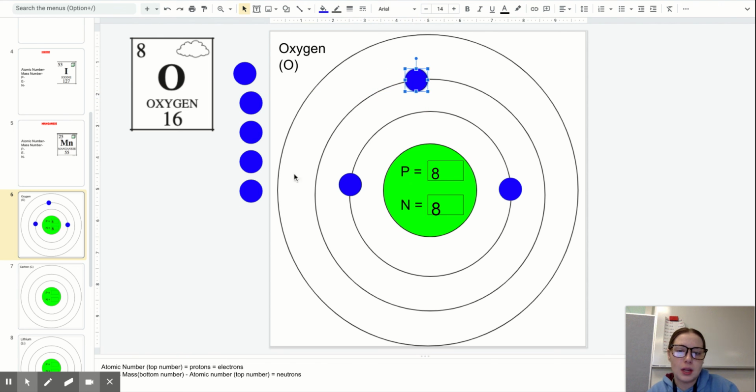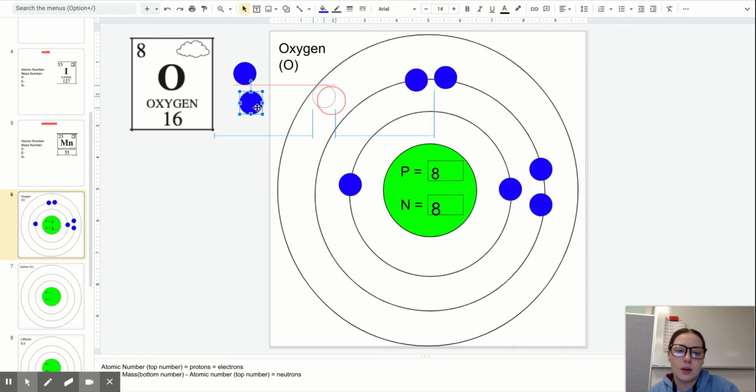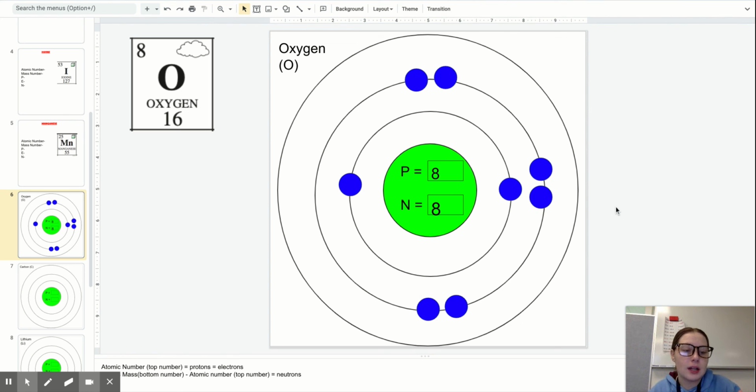So I'm going to put 1 there and 1 here, 1 here, and 1 here, 1 here, and 1 here. So if it doesn't totally fill up the energy field, that's totally okay, because that's just how oxygen is. Oxygen has 8 electrons, so that's how many it's going to be holding in these electron fields.